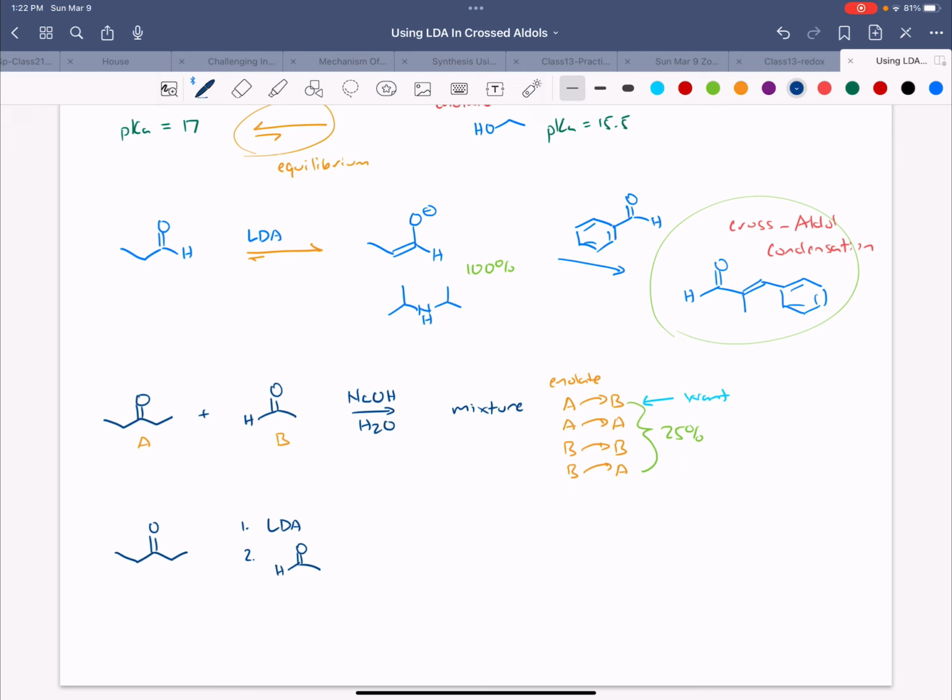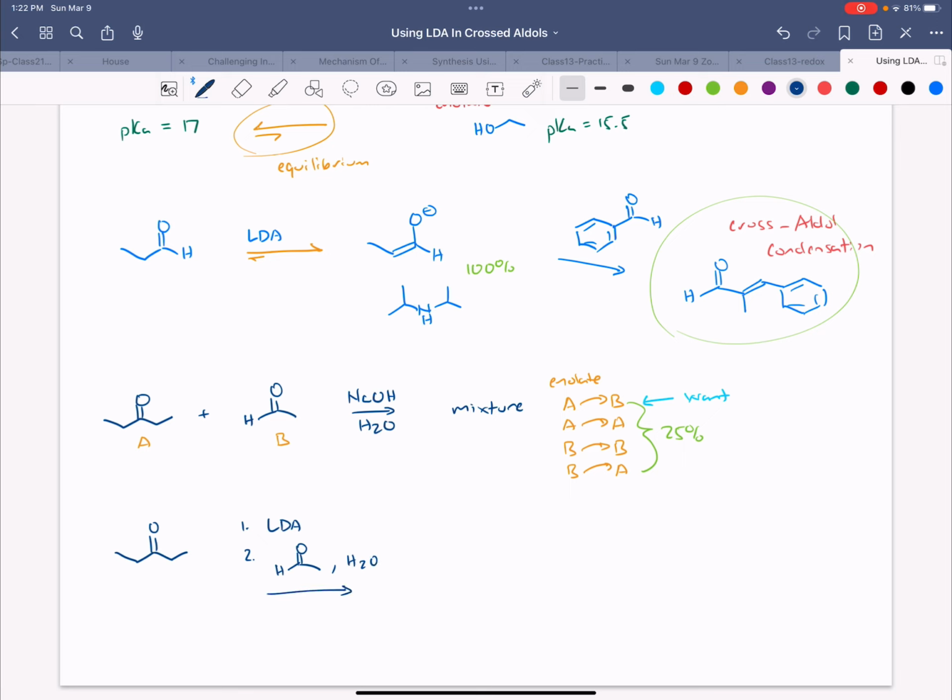Now, the attack, let me think about this carefully. The attack needs a protic solvent because we need to convert this to an OH, which will then be dehydrated. In this case it really doesn't matter, let's use just H2O.